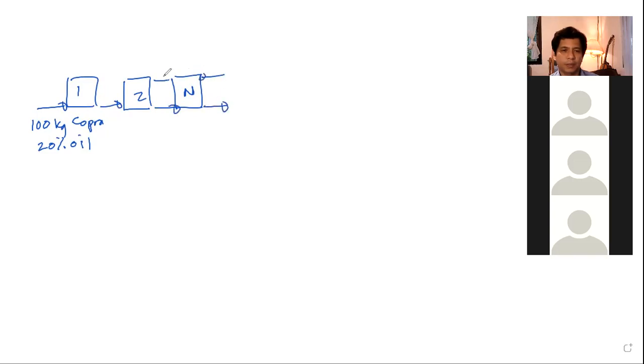Then, I think wala namang given na value ng solvent. So, let's just call this Bn plus 1. Hindi rin natin alam yung kung gaano kadami yung underflow. What we have, I think, is yung concentration ng extract is 50%. Yep. Yung concentration dito is 50%. This is 0.5.